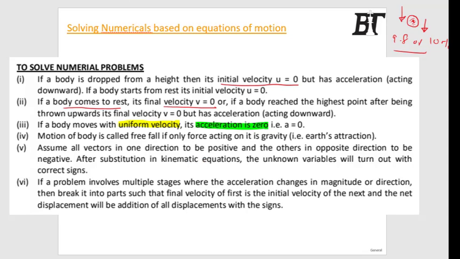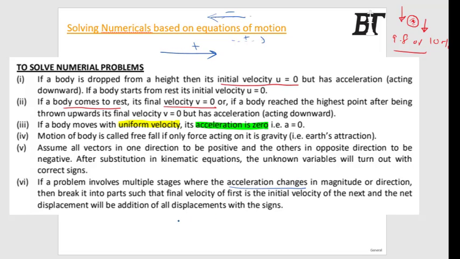So what we do is, पहले से ही हम कोई एक डायरेक्शन को पॉजिटिव मान लेते हैं. Then all the quantities in this direction are considered positive, while velocities or acceleration in this opposite direction are considered as negative.